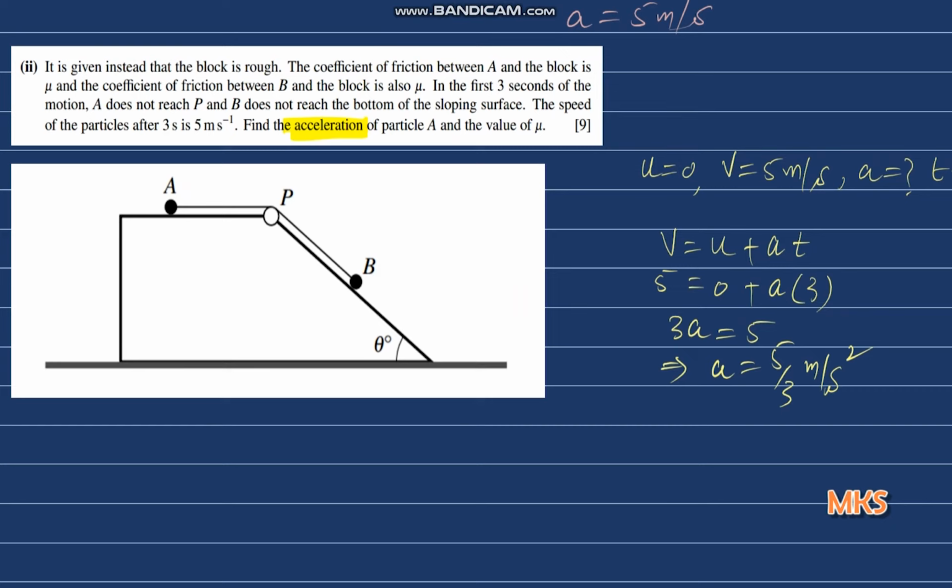Now, as the block is not smooth and it is made up of the same surface, mu is the same. Let's talk about the forces. Here, since this is 0.3, so 3 Newton, this is 1.5, so 15 Newton. The component perpendicular to the surface will be 15 cos theta, and parallel to the surface will be 15 sin theta.